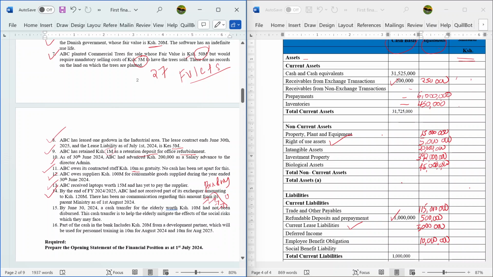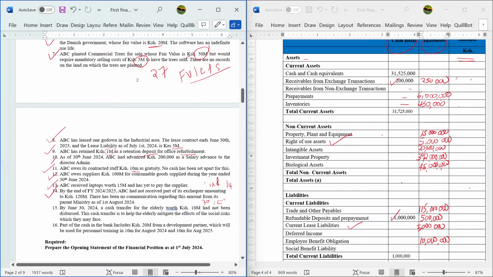Again, there is an indicator that gives you signals that you have received this money. When we are preparing these financial statements, we don't just prepare as the year ends. The year normally ends on 30th June, but then we have a period before the financial statements are signed. If you read IPSAS 14, events after the reporting period, you will find that there are adjusting events and non-adjusting events.